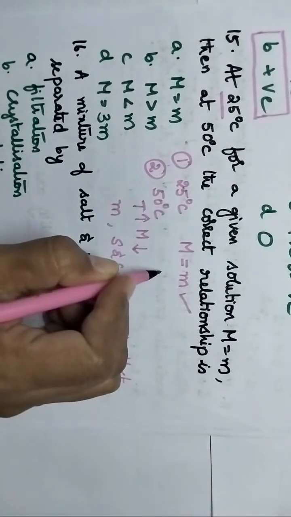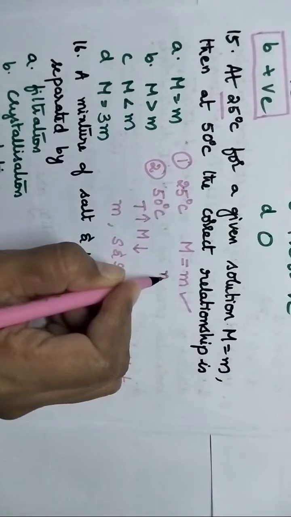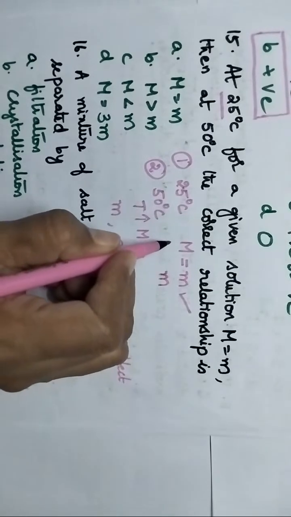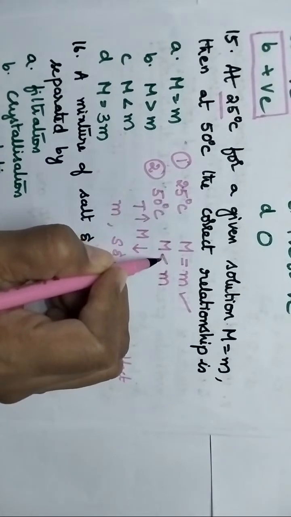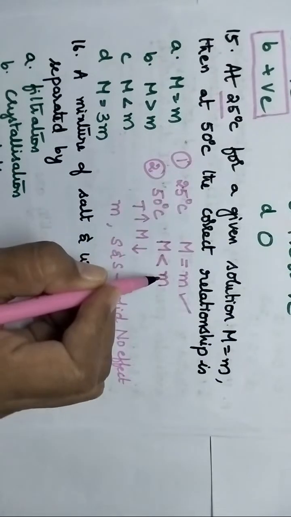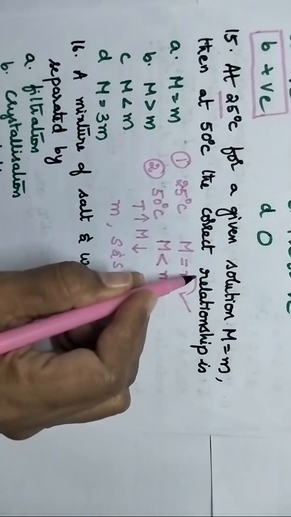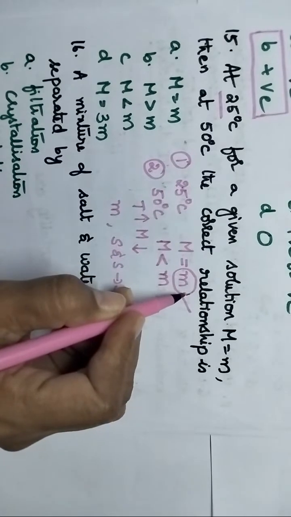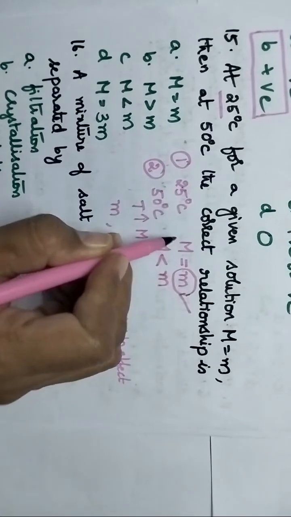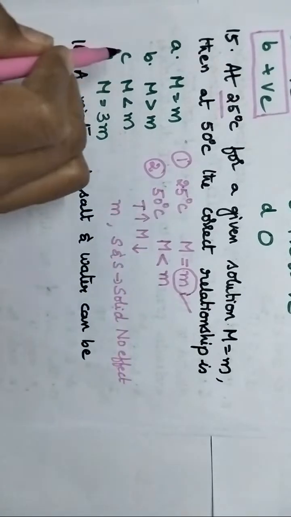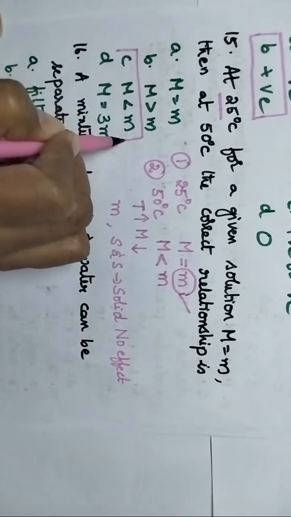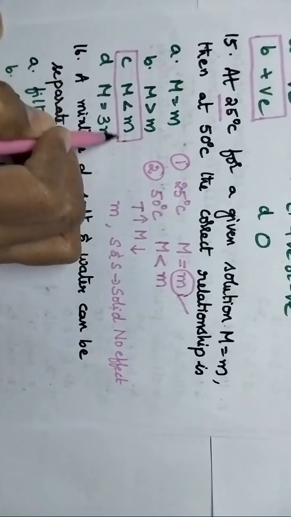With the result, the value of molality is the same, but the value of molarity decreases. So molarity is less than molality. Temperature will have no effect on the molality. It remains constant. But coming to the molarity, as the temperature increases, the molarity decreases. That's why molarity is less than molality at 50 degrees centigrade.